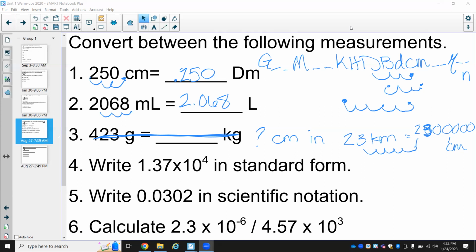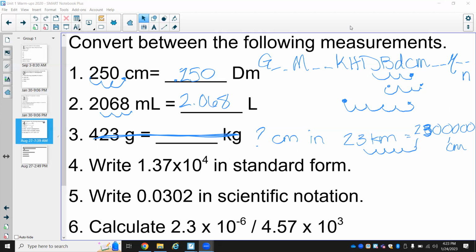So the times 10 to the 4th tells us that we moved the decimal point 4 times to put it in that coefficient in the 1.37. Because our exponent is a positive number, this means that this originally is a number greater than 1, so a large number. So in order to make this a number greater than 1, when we expand it, we need to move the decimal to the right.